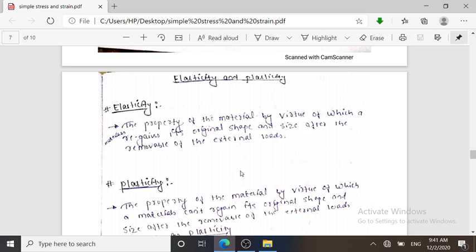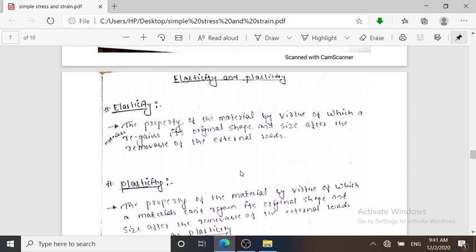Elasticity is a property of a material such that when we apply an external load on it, there is a certain change in its shape, size and dimensions. But while we remove the external load, the body regains its original shape. If you take a real-time example of elasticity, a rubber band: while we apply an external force on the rubber band, there is a deformation taking place, but while you remove the external load, the body comes back again. That is the elasticity property.